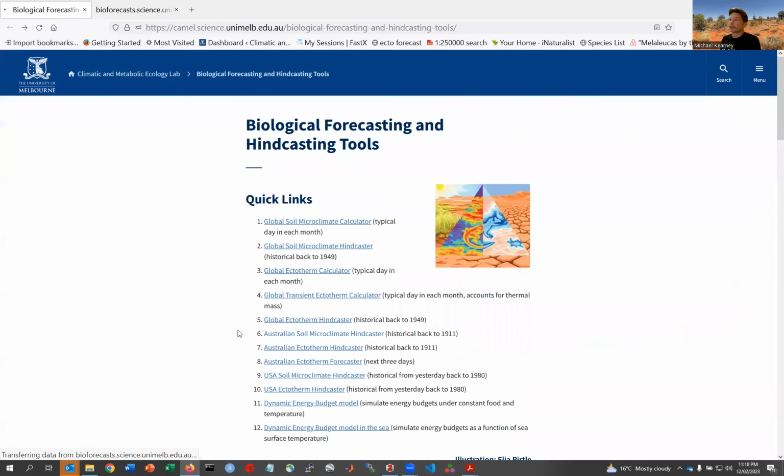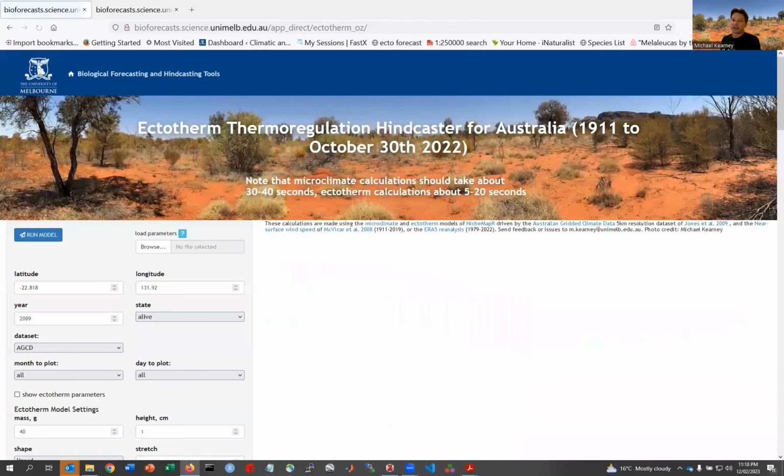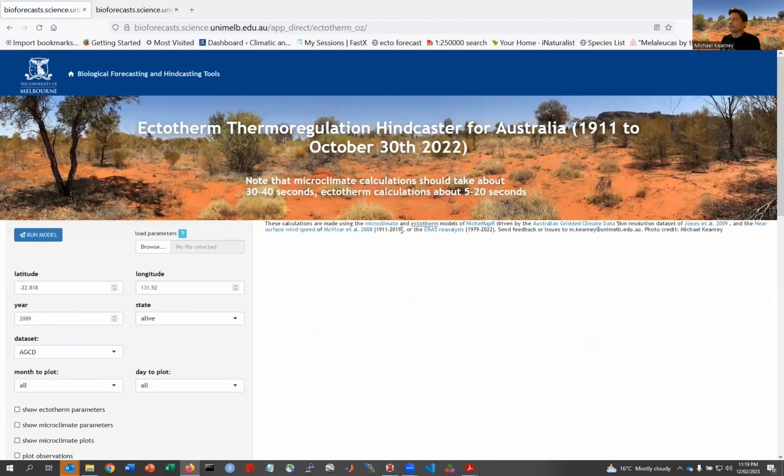And we've got the ectotherm model as well. And both of these are just starting off at a default location. The same location is just behind me in my Zoom background. It's a place in the middle of nowhere, northwest of Alice Springs in Central Australia.